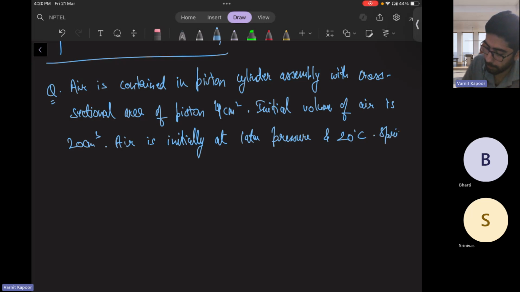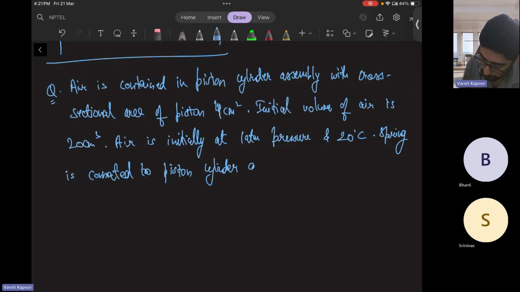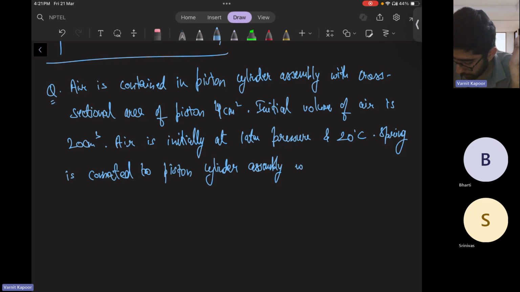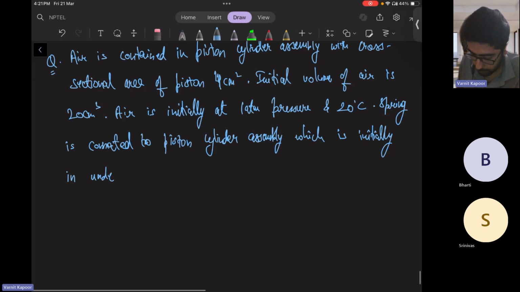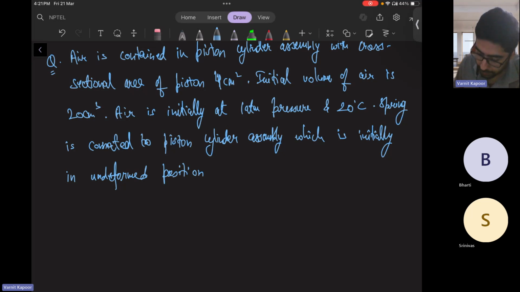A spring is connected to the piston cylinder assembly, which is initially in undeformed position and having spring constant as 100 Newton per centimeter.